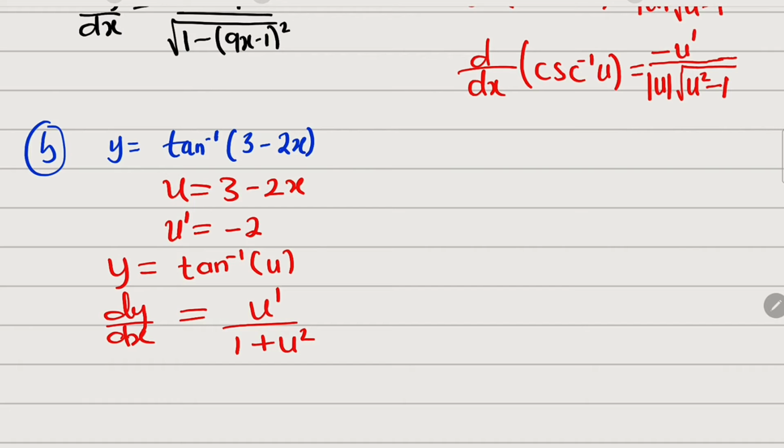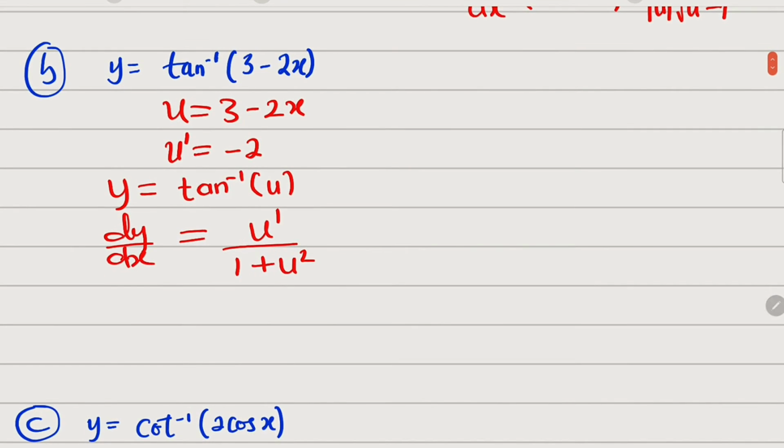Let us substitute everything here. Our u prime is negative 2, so we have negative 2 divided by 1 plus our u squared. u is 3 minus 2x, so 3 minus 2x all squared. If you like, you can expand the parentheses, but I will leave it like this.